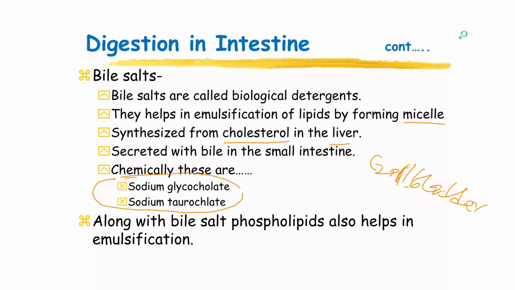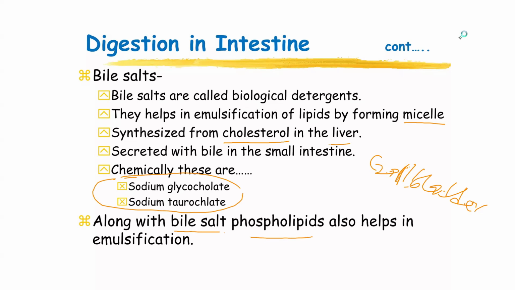And along with bile salt, phospholipid also helps in emulsification. So apart from the bile salt, the phospholipid also helps in the emulsification of fats. So it means that in this case we have three things that help in the emulsification of fat.